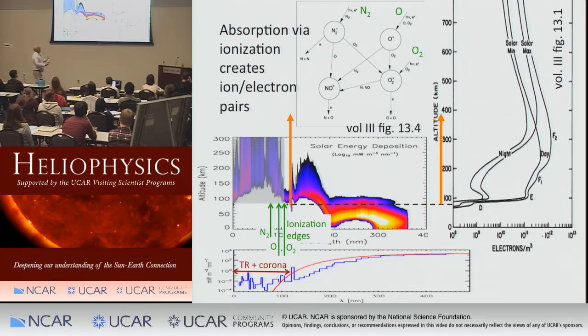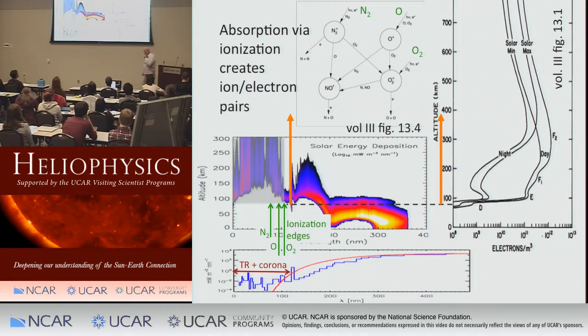But this is being maintained in the Earth's atmosphere. You can see the plot as a function of height. We get quite a bit of free electrons bouncing around during the day and less at night, because we don't have the photons to create them at night.